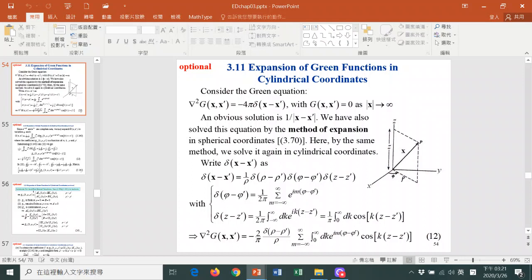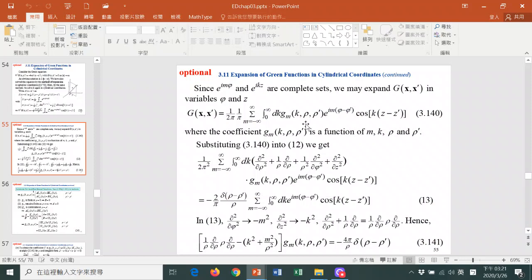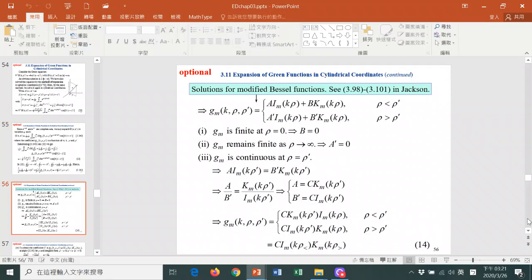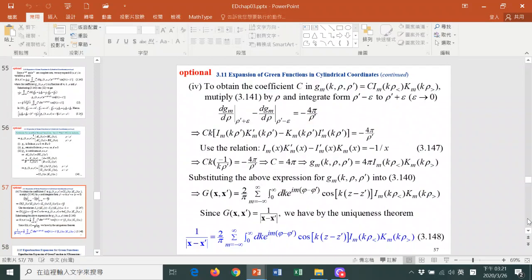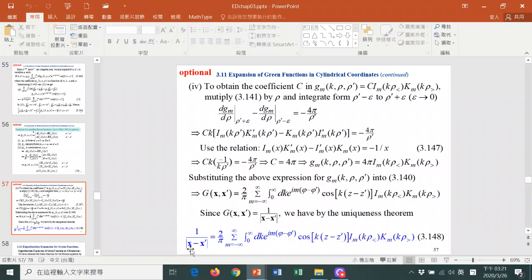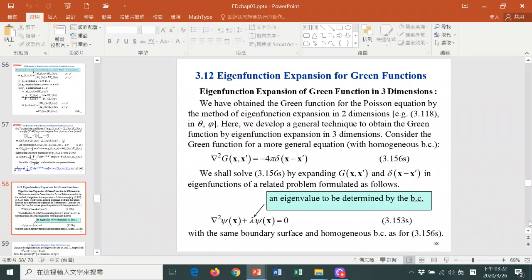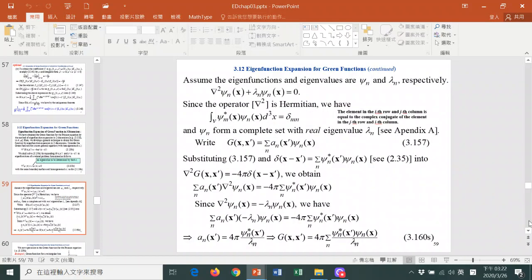Expansion of Green functions in cylindrical coordinates. For this one, once again we use the same strategy: similar strategies, divided into two parts and then joined together. Eventually we got this 3.148. Maybe it's 3.148, not 3.168.